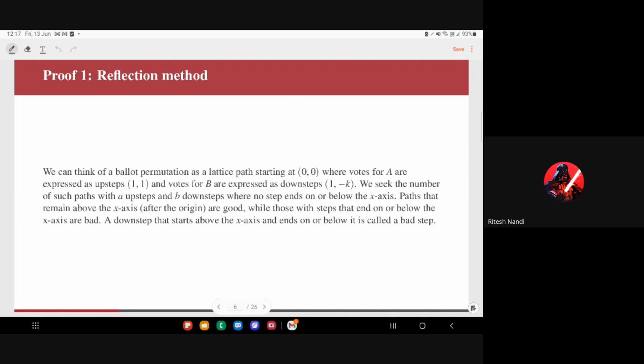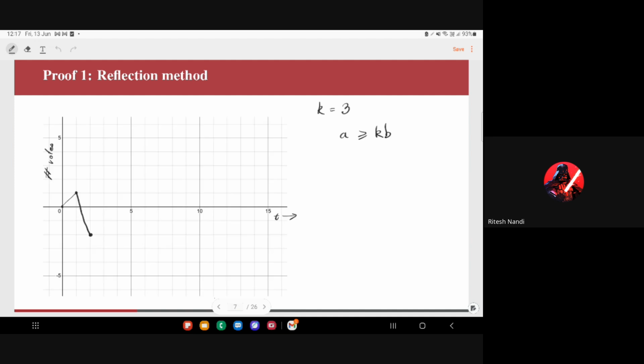We define a down step that starts above the x-axis and ends on or below the x-axis to be a bad step. So suppose we have a graph that goes like this. This would be a down step. And then it can go up and up and up, say.